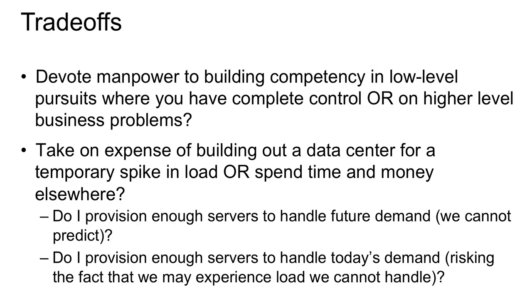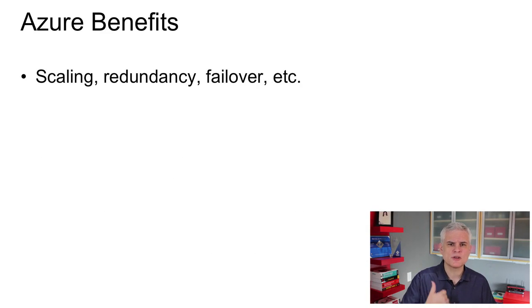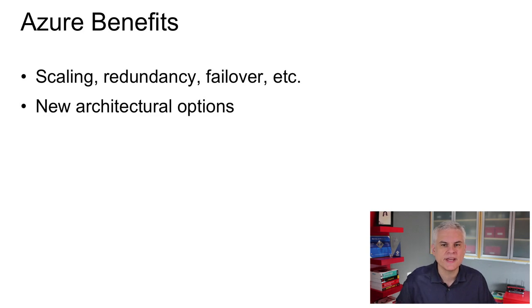So in addition to all of these sorts of things, in addition to the scaling story, the redundancy story, the failover story, Microsoft Azure introduces new and in some cases more elegant ways of doing things that we've done in the past, of doing old things. In other words, it gives you, the software architect or the system architect, more architectural options as you design your applications.